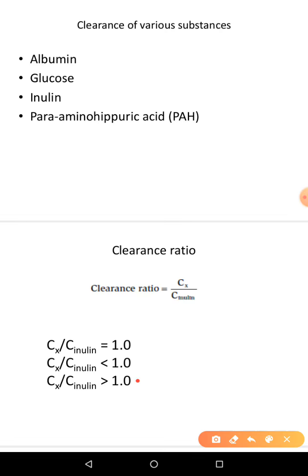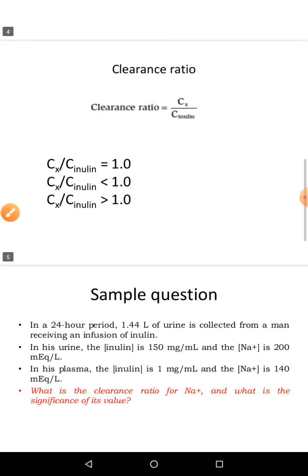And in some conditions, you find that the clearance of potassium is usually higher than that of inulin. Okay, so this is the meaning of clearance ratio. That is, a substance is compared with the clearance of inulin, which is our reference substance, or the glomerular marker.